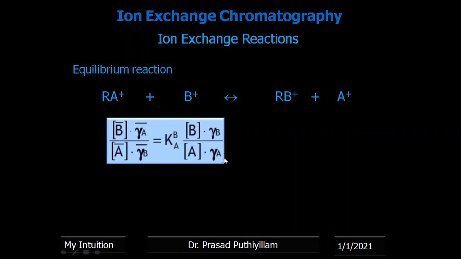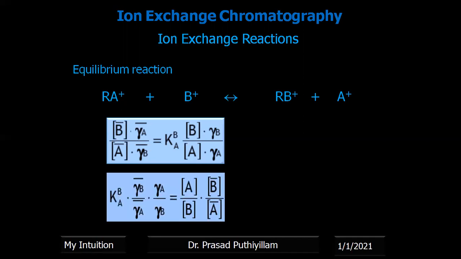The letters given in the brackets denote the concentration, and gamma is the activity coefficient, and the bar, as in B bar or gamma A bar, represents that they are along with the resin, or in the resin phase. With one rearrangement, K_BA you can write in this expression form.